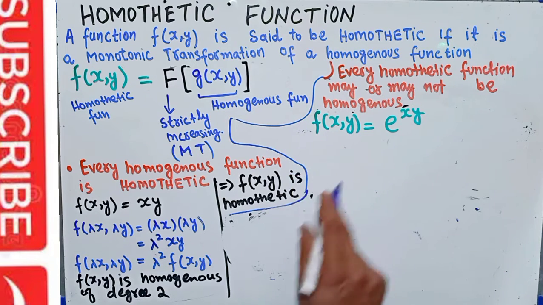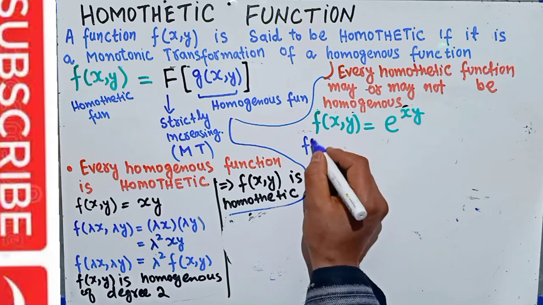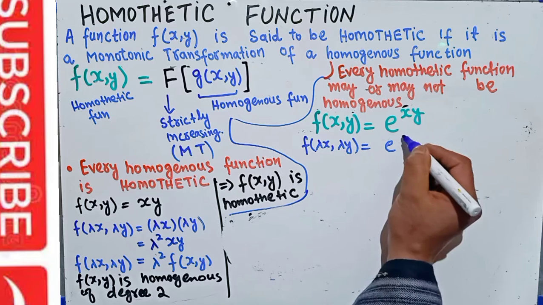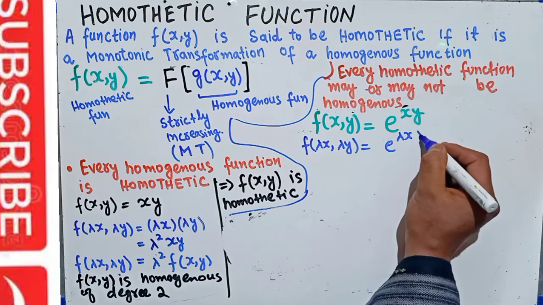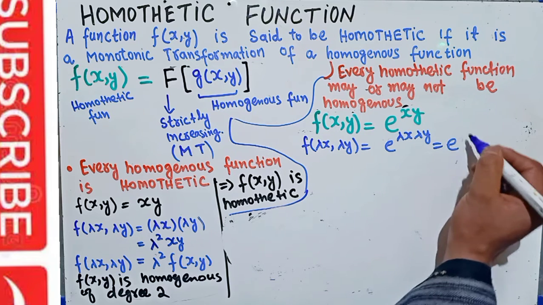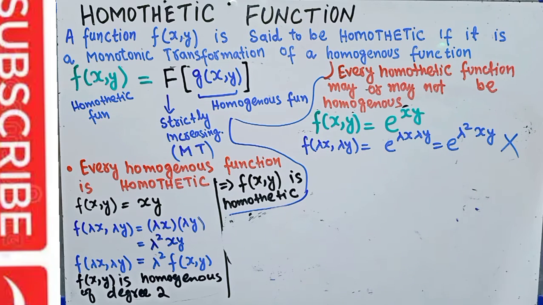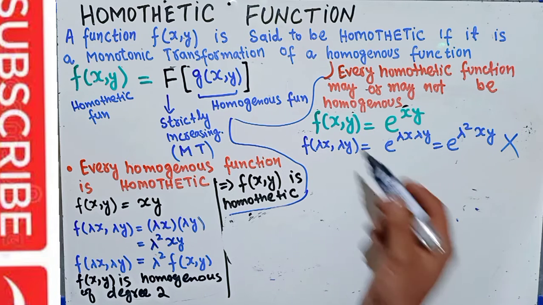Let us see. f of lambda x comma lambda y is equal to e to the power lambda x times lambda y. We get e to the power lambda square xy. So this is not homogeneous. Now we can still prove that it is homothetic.